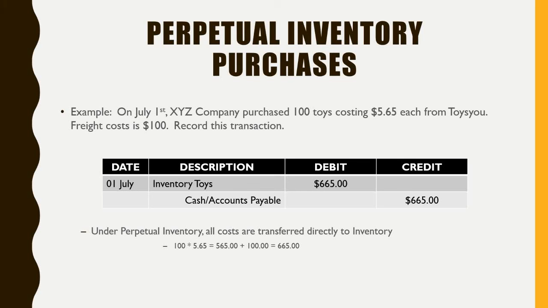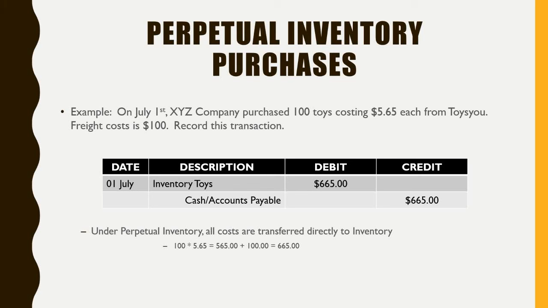So, in essence, you don't separate any other cost as freight or whatever other stuff. Everything just goes in that amount. Yes, in this account, because I'm not recognizing it as an expense, so there's no need for me to separate my expenses. All my costs associated to perpetual inventory are going to go directly into one account.